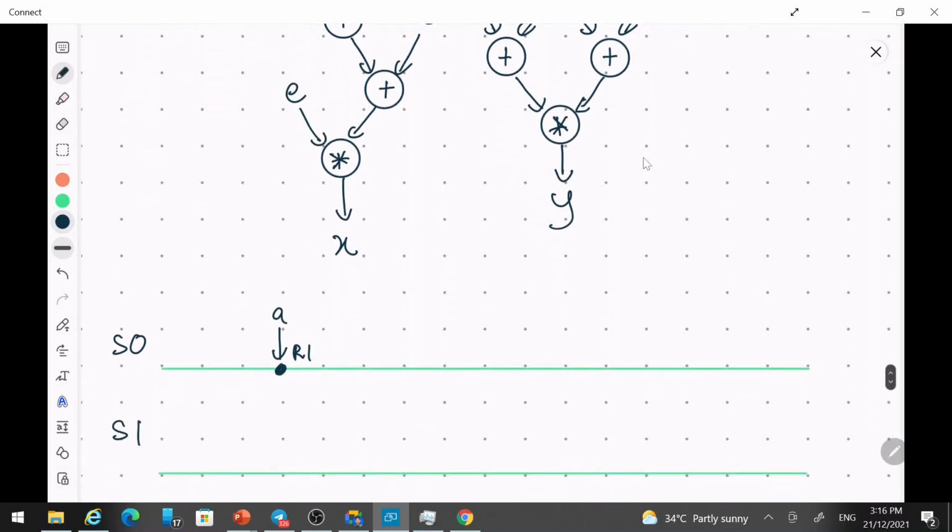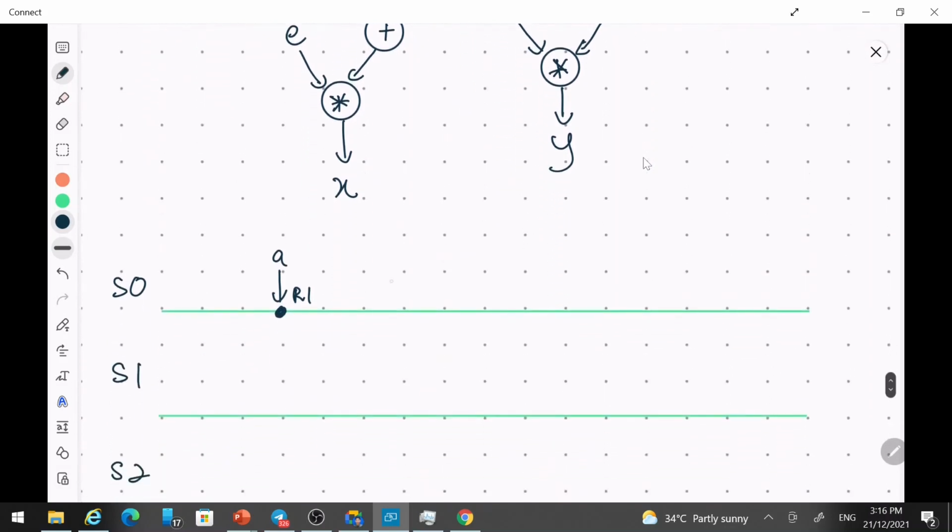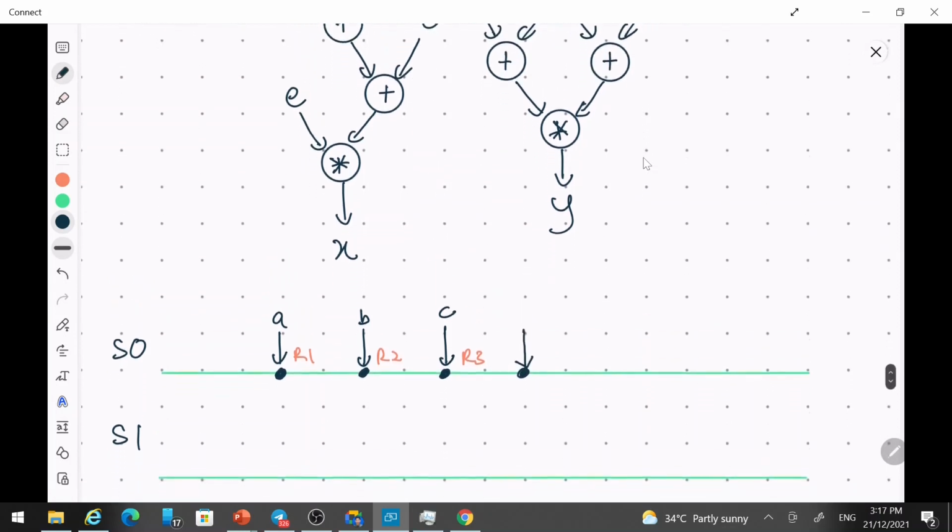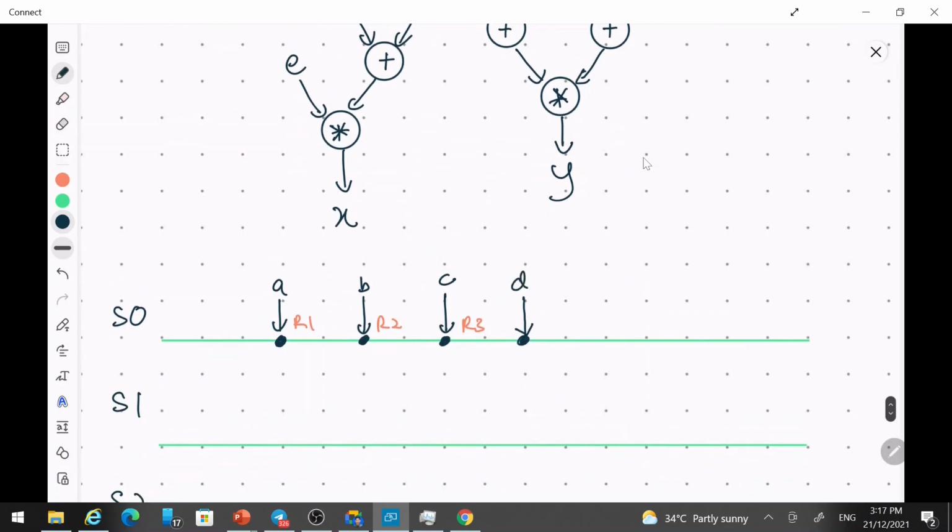So we store our A in R1, and we have our B in R2, and we have our C in R3, and we have D in R4.